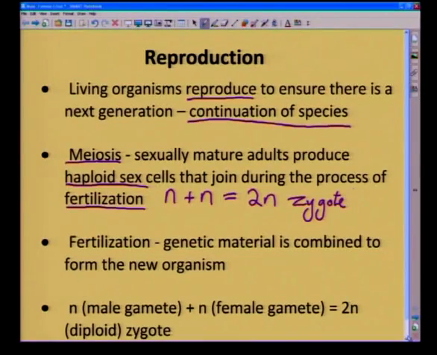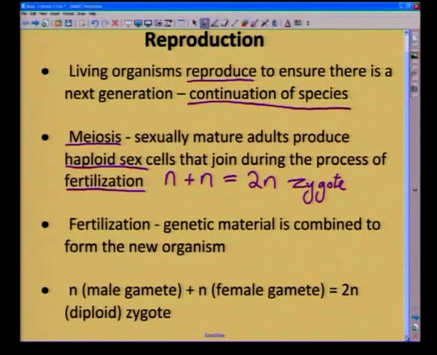All right, fertilization, what do we have? It is where genetic material, now please take note, genetic material is combined to form a new organism. Any variations are going to be within this genetic material and take place during prophase 1 of meiosis. Why?